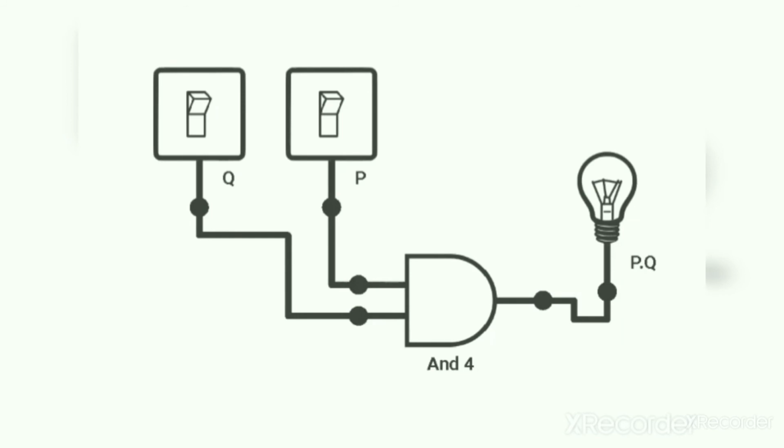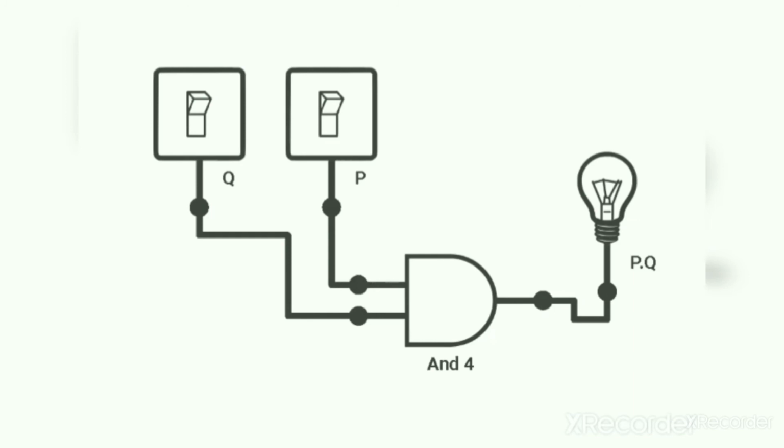First case, which is P equal to 0 and Q equal to 0. As you can see, both the switches are off. Hence, P dot Q light is equal to false. That means 0. So our gate is working perfectly.